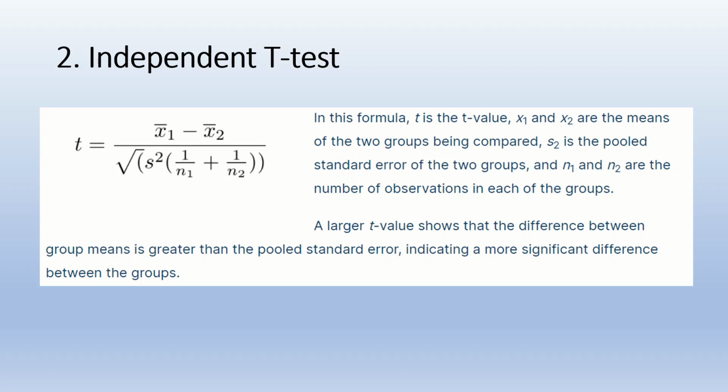The pooled standard error also has a formula. This is the formula for the independent t-test. If you want to calculate manually, for example if you are given a test or a theoretical exam, this is the formula you will use.